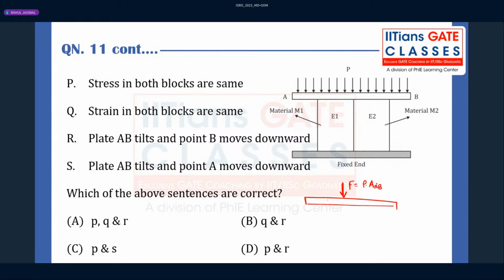It acts like a uniformly distributed load, but it is a pressure value. So here the force we can calculate by multiplying P with the area, right?